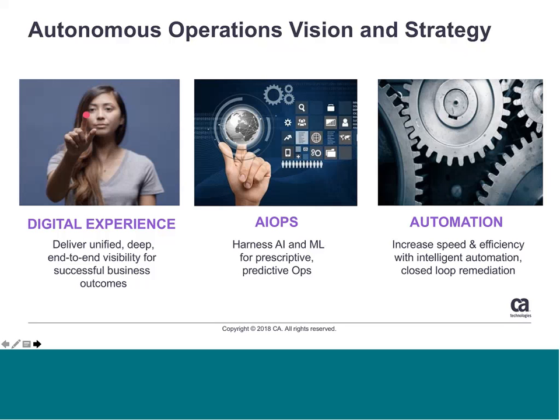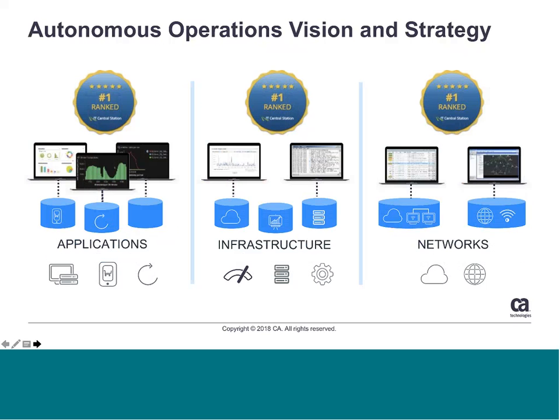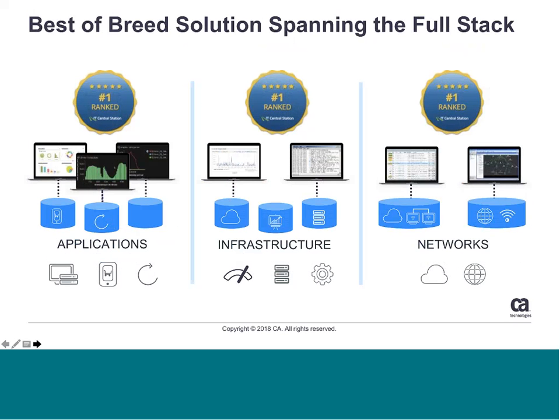So our end goal is providing that digital experience to our customers, and tying that back with our business outcomes, having that deep end-to-end visibility so that we are successful in providing that digital experience.